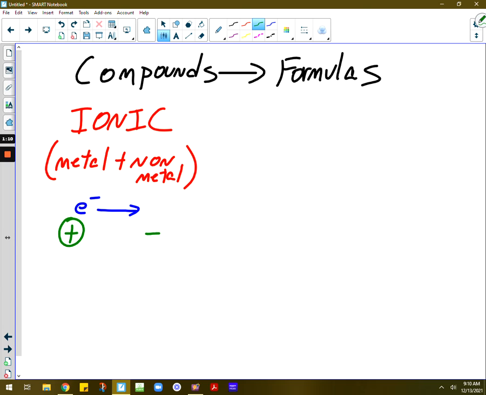Your nonmetals are going to take on a negative charge, and that's what ends up attracting them to each other. When you have an ionic compound, the formula needs to show a balance of charges.